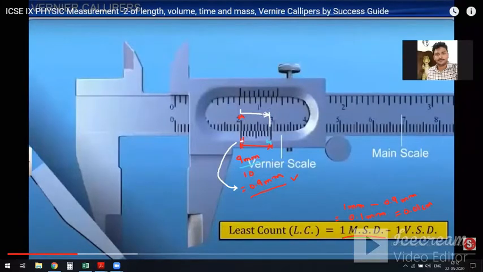What you are saying, 0.9 centimeter, is this much distance, not a vernier division. The total length of the vernier is 0.9 centimeter, but we want to know the value of one small division on the vernier scale. So one division on the vernier scale is only 0.9 mm, whereas 0.9 centimeter is the total length of the vernier scale that we are taking.